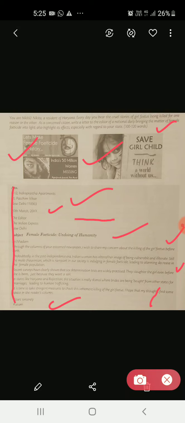Then at last we have a complimentary close, that is yours sincerely, and then the name of the writer. You can also sign it, but it's not necessary. You can simply end with your name as well.